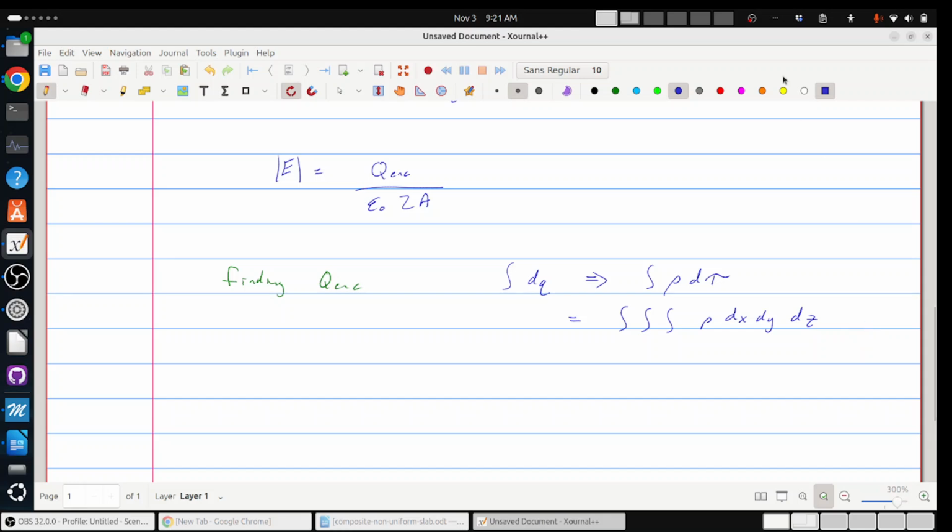Now, just to make things clear so we can sort of see what's happening here, we're going to assume that our Gaussian is some x a, y b, and some z that's going to go sort of a distance c.